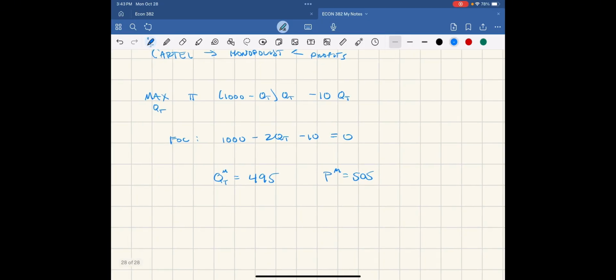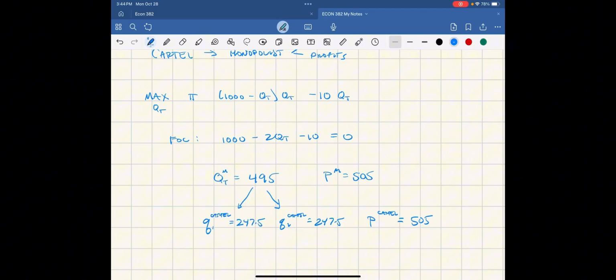Now we convert this into the cartel, so Q1 of the cartel is 495 divided by 2, which is 247.5, and Q2 for the cartel is the same, 247.5. The price for the cartel is the same, 505.